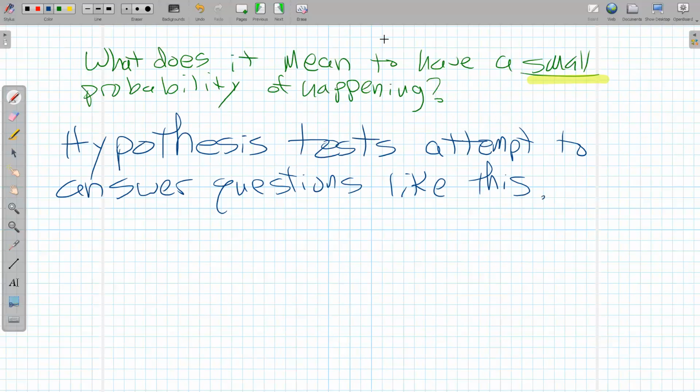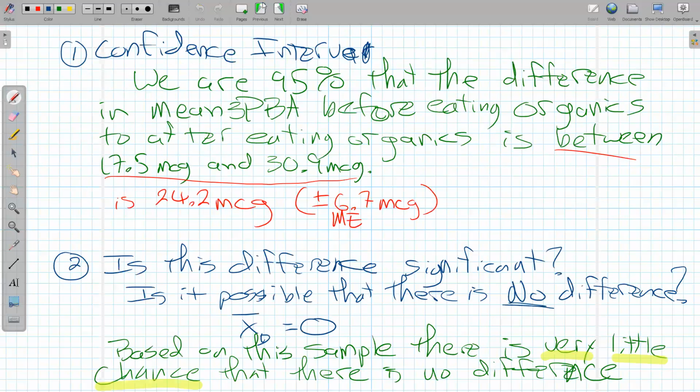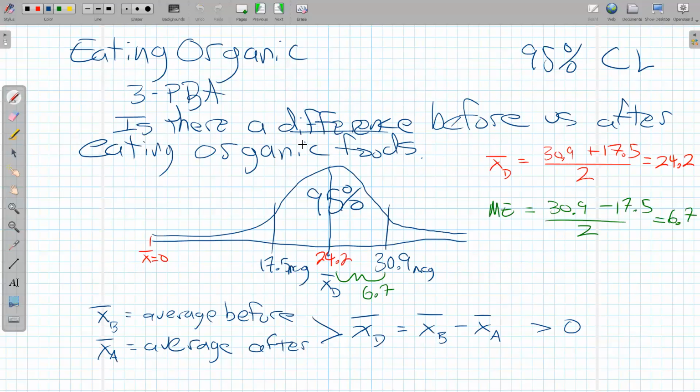And so again, the question I was asking back here, is there a difference before versus after of eating organic foods? And the confidence interval seems to indicate that there is a difference, and it's pretty unlikely that there's no difference. But I don't know how to measure what unlikely means yet. I want to put a number to that.